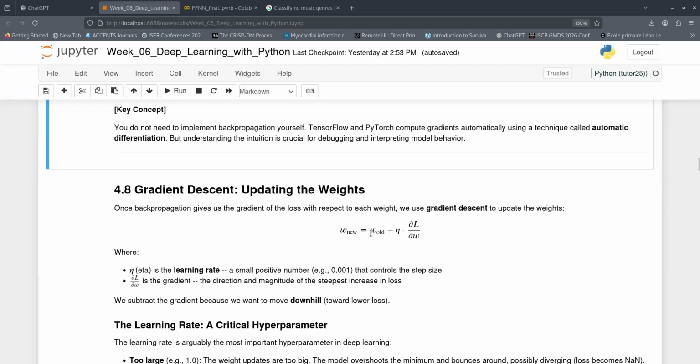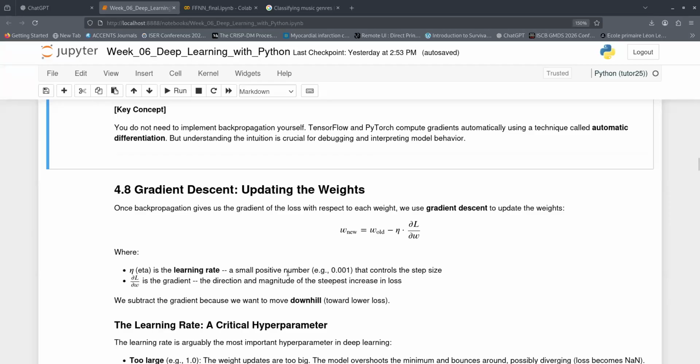This is going to help you adapt the weight. That's why you use W old, the weight, minus eta, which is what we call the learning rate. The role of the learning rate is to control the step size.